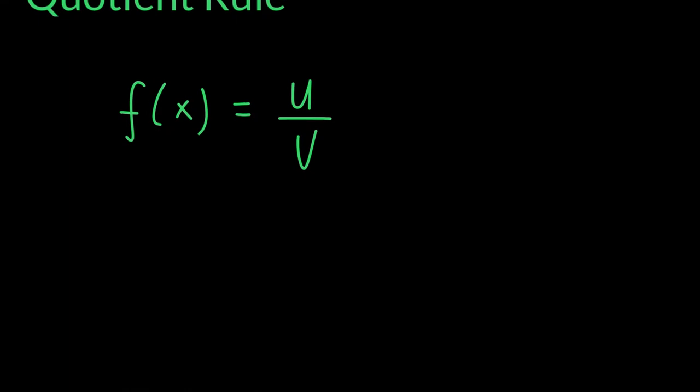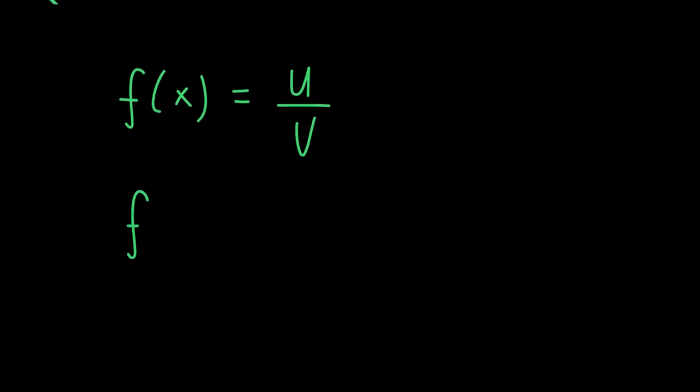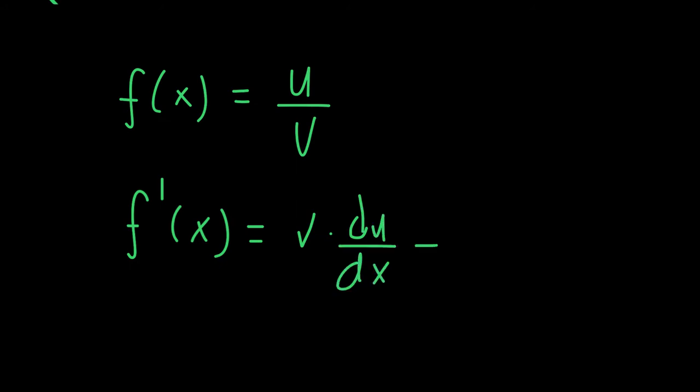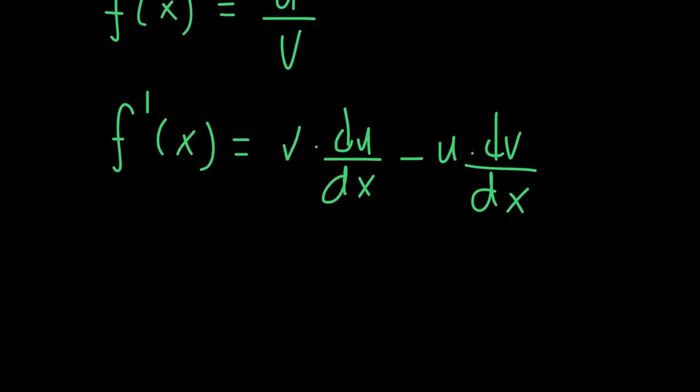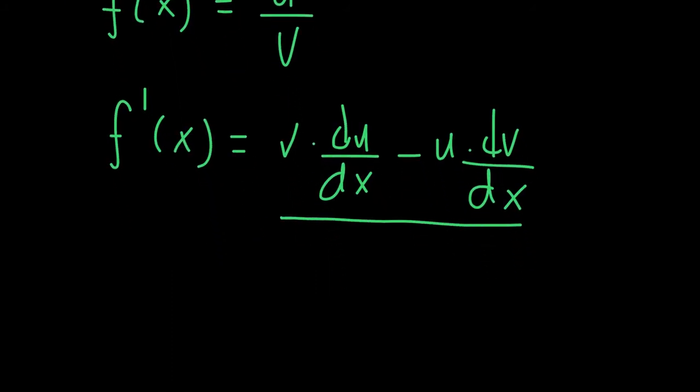To get the derivative of this function, which is denoted by f prime of x, the rule is simply you copy the v multiplied by the derivative of the u, du over dx, and then subtract. This time copy the u and then multiply it by the derivative of the v, and everything, all these expressions together, divided by the square of the v.